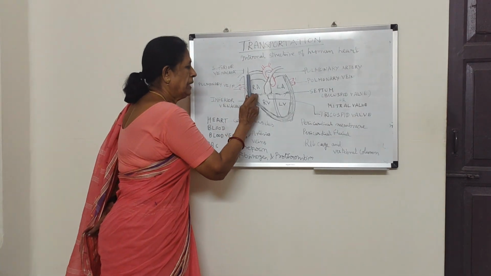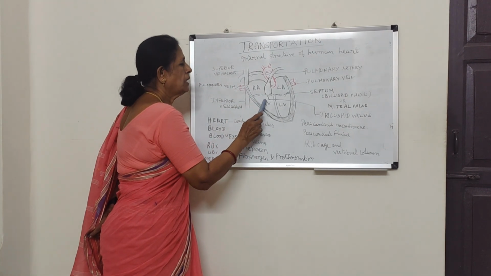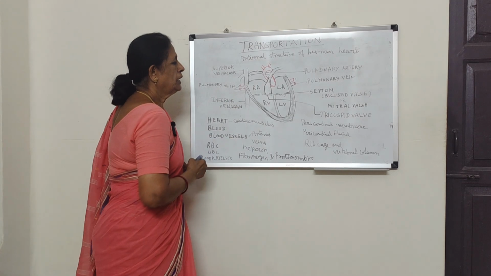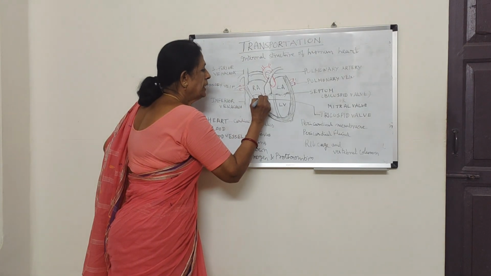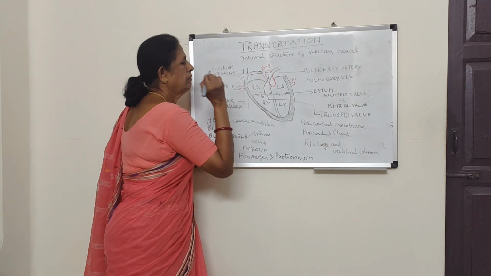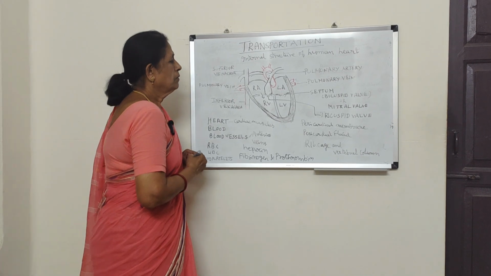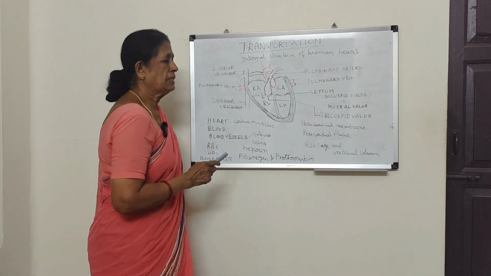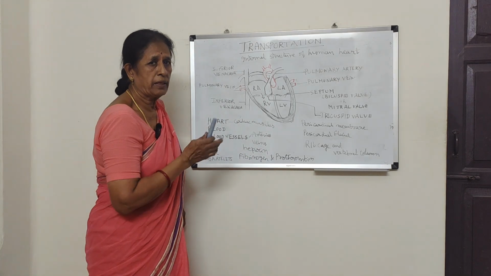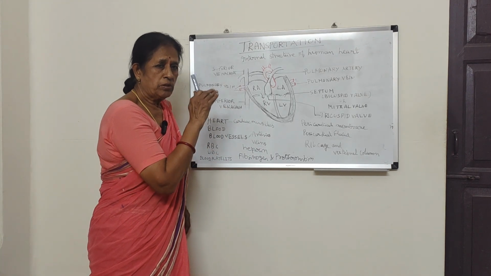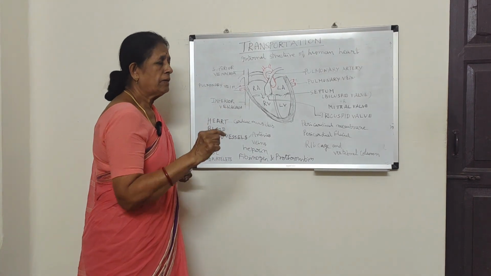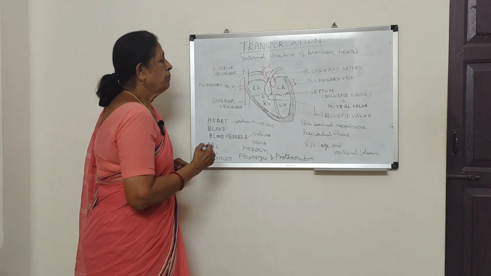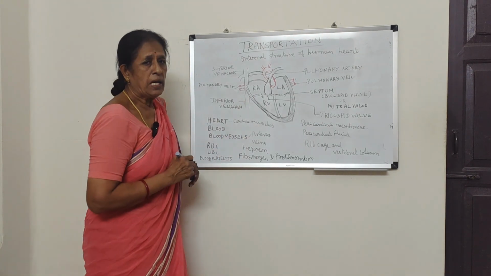There is an opening which allows the blood to flow from the right atrium to the right ventricle. The direction of flow is unidirectional. The blood cannot flow back. It flows only in one direction. Why? Because of the presence of valves.